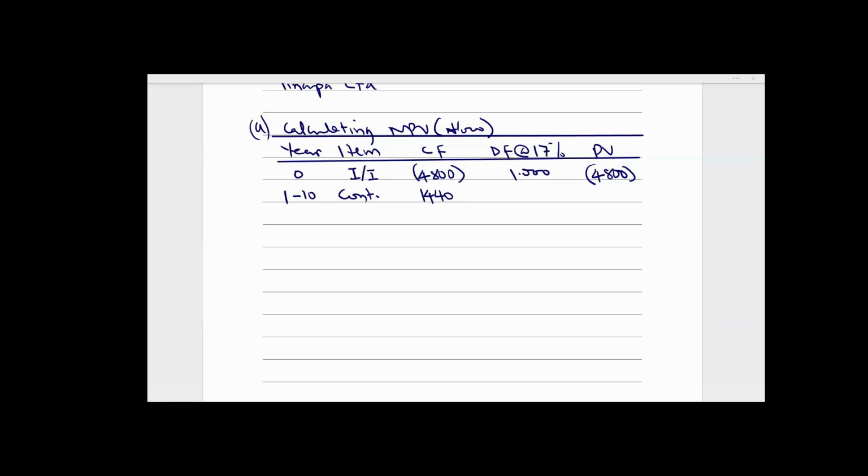So this would be 1.17 raised to power 10, minus 1, divided by 0.17, equal to 4.659.